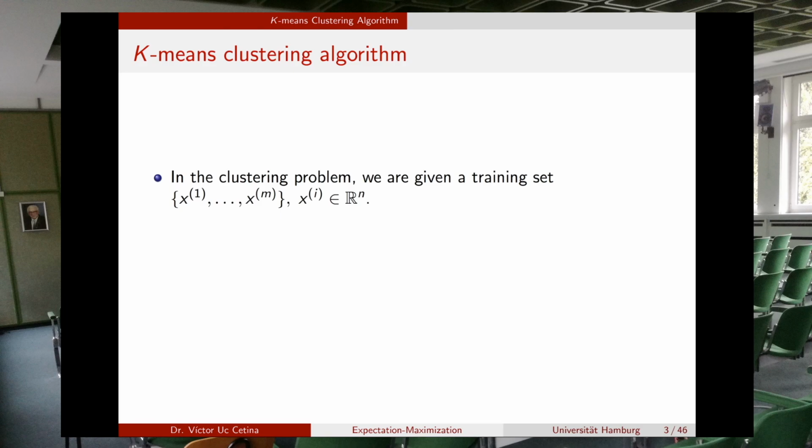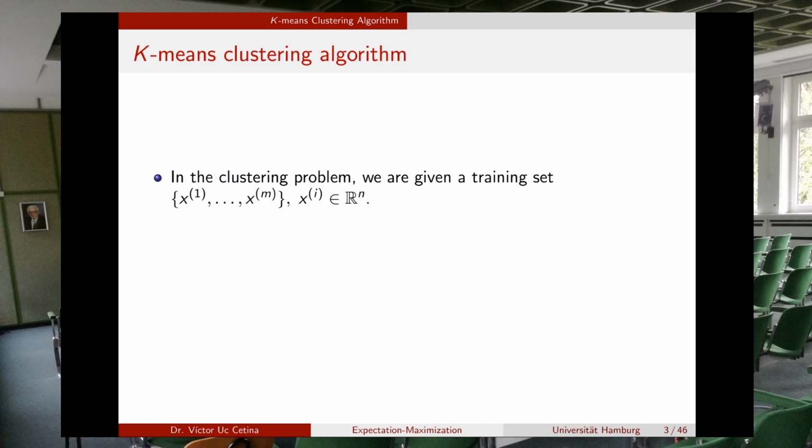So in k-means, we want to solve the clustering problem. In the clustering problem, we are given a training set. In this case, we have m input vectors, x, and each of these vectors is in dimension n.